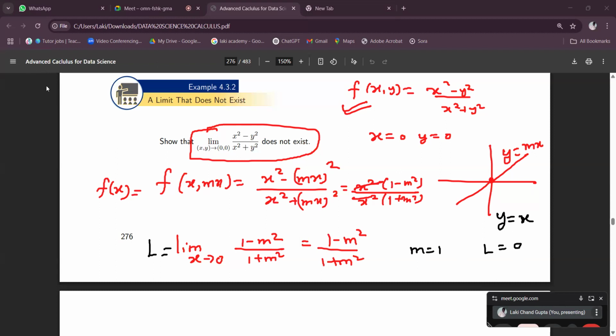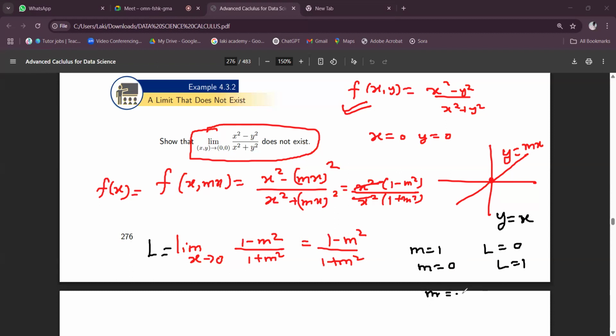If m is equal to 0, then the limit will be 1. If m is equal to minus 1, the limit will be again 0. So you can see when the value of m changes, the limit also changes.